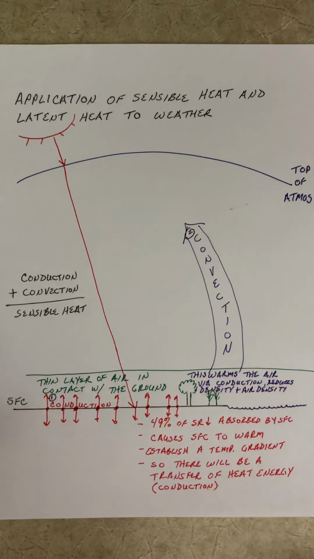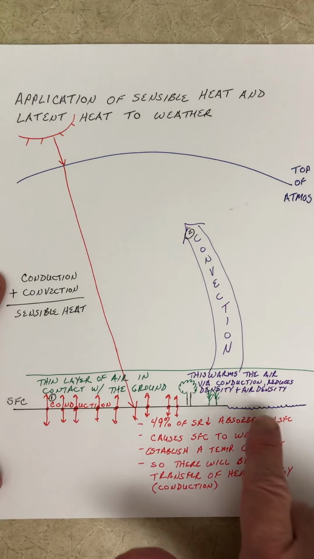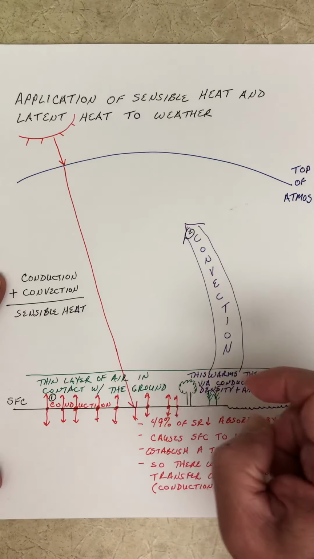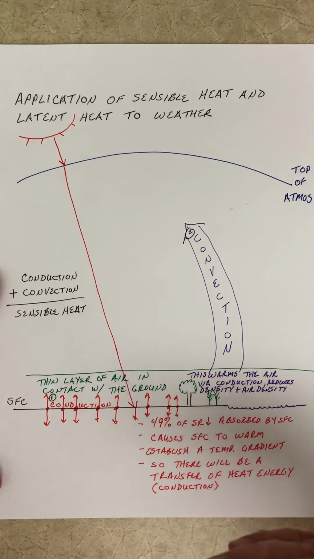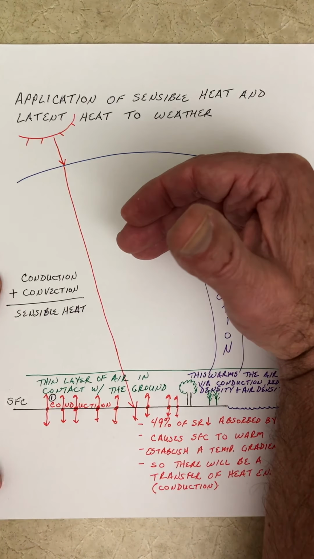Now remember, we go back to that figure we just talked about, the one with all the arrows on it. In that figure we had a surplus of radiational heat energy at the Earth's surface. We had a deficit of radiational heat energy in the atmosphere of 30 units. So on a global basis, we have to move that surplus heat energy from the surface up into the atmosphere.